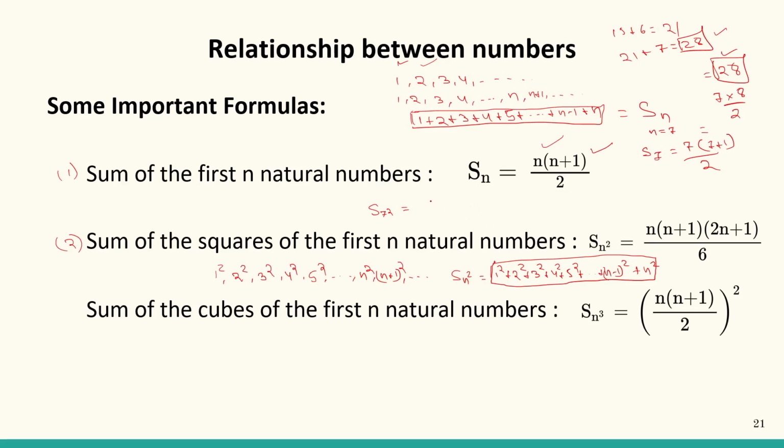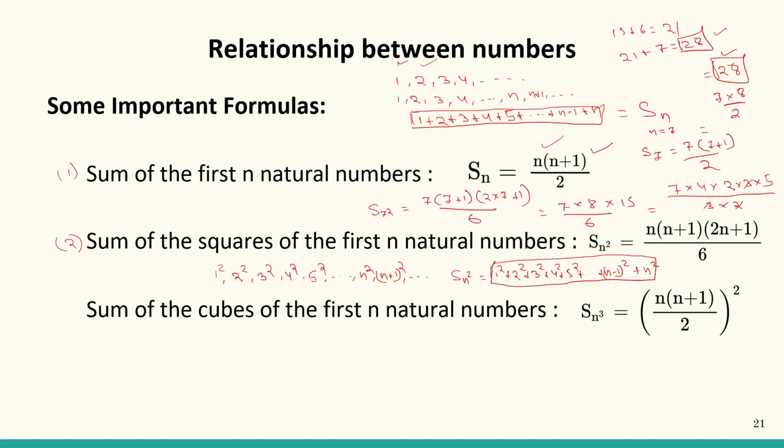By the formula, it is equal to 7 into 7 plus 1 into 2 into 7 plus 1, whole by 6. So this is equal to 7 into 8 into 15 by 6. By 6, what you can see here is, this is actually equal to 7 into 4 into 2 into 3 into 5 by 3 into 2.